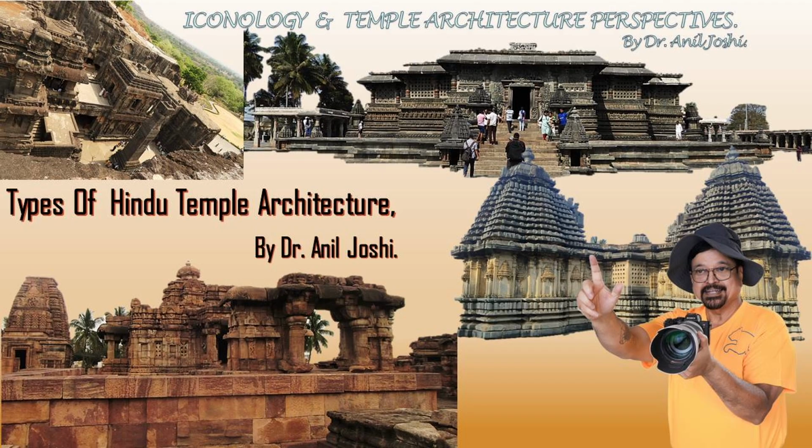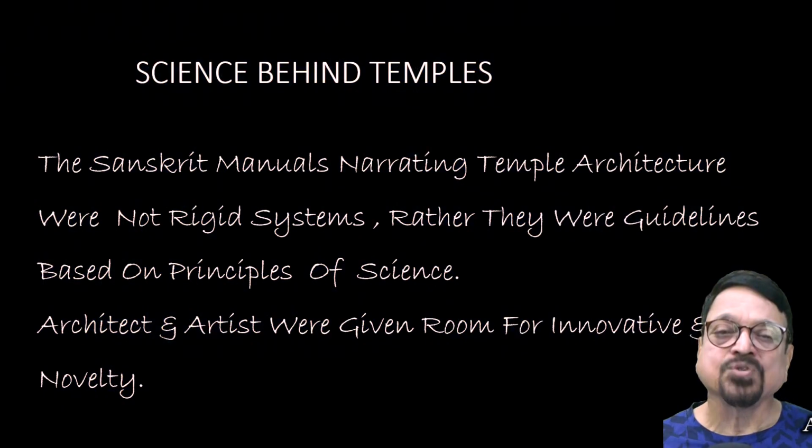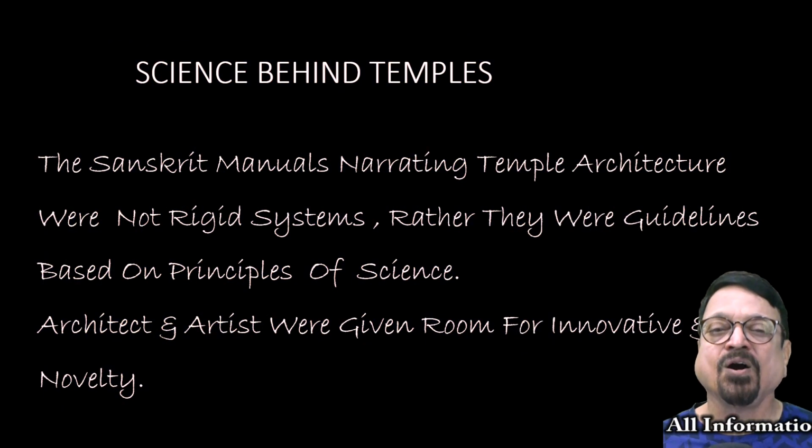Hindu temple architecture. Now we have seen that a lot of temples were constructed over 200 years, 300 years. However, there is a homogeneity in it. This can happen only when there is some basic set of principles which is followed by all the people, all the dynasties.